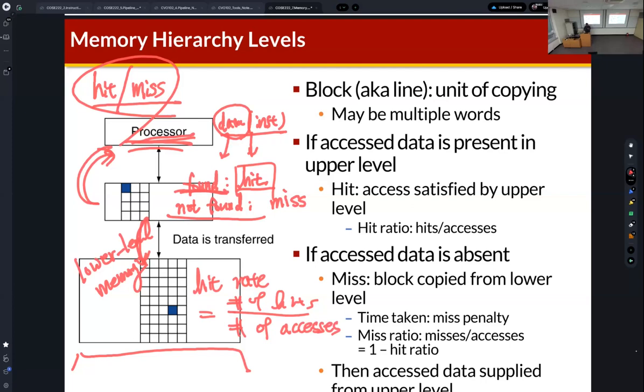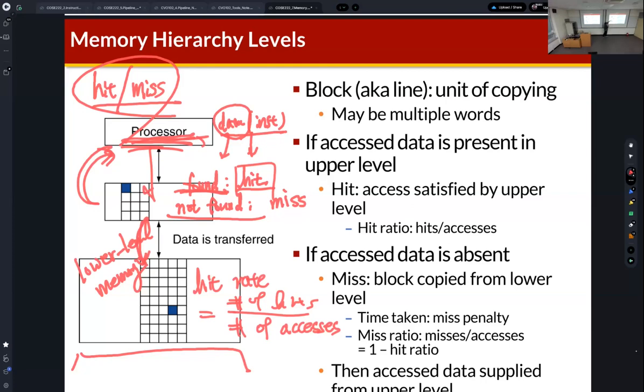Which means that when the processor requests this memory, there are two cases, hit or miss. The number of hits is less than the number of accesses, right?